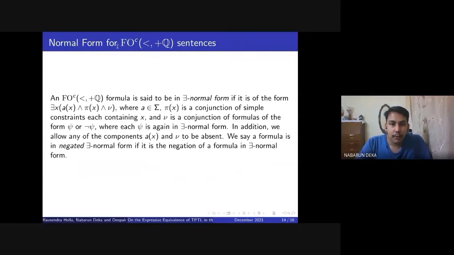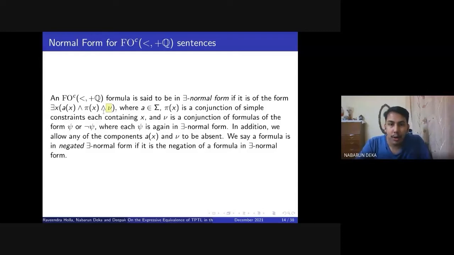To define the normal form, we first say a formula is said to be in exist normal form if it is of the form there exists x, a of x and pi of x and nu. Here a is an action, pi is a conjunction of simple constraints, and nu again is a formula in exist normal form or negation of a formula in exist normal form.